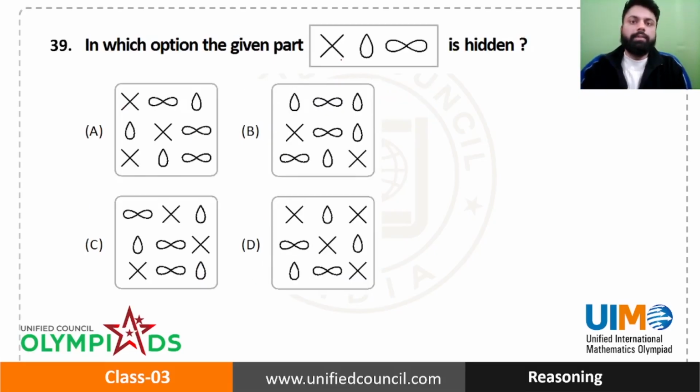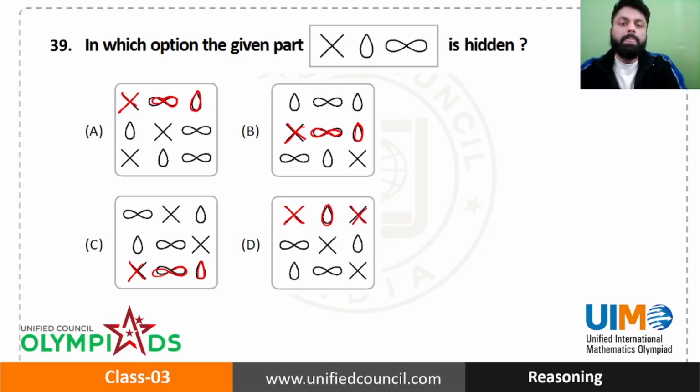In which option is the given part hidden? Cross, this droplet, this sign. But the sequence is changing. Cross, this infinity sign, droplet, but the sign is changed. The sequence is changed. But in this case, cross and then this droplet and then this part is there.